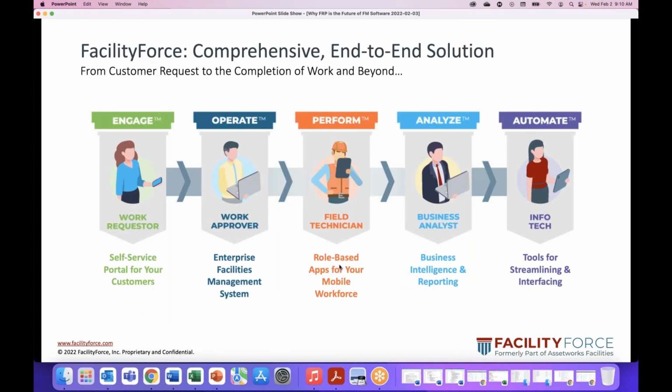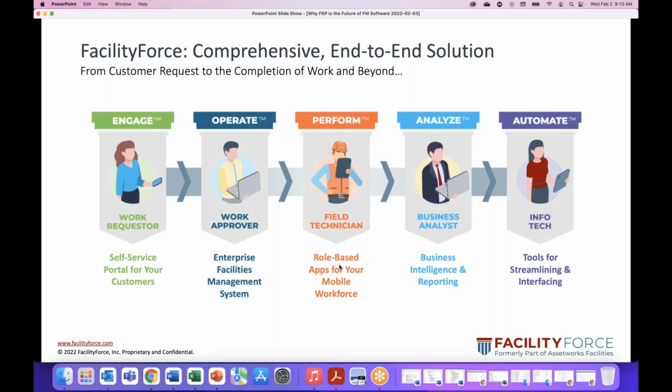Engage is really a web portal for your customers to submit work requests or capital project requests. Then operate is the back-end system for everyone in facilities or capital projects or space management. That's the enterprise system.